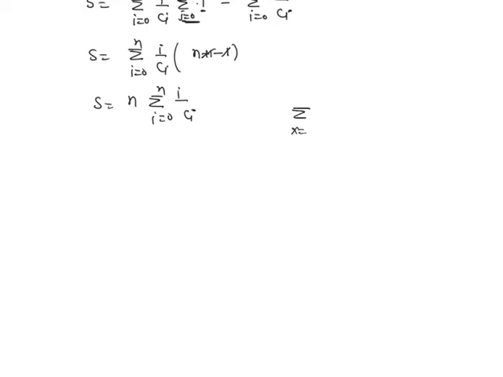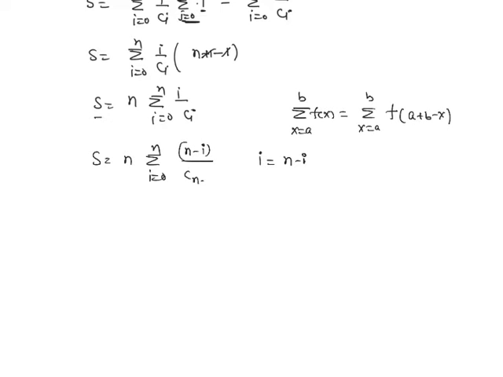Now we know the sigma property: sigma x equals a to b f(x) is also equal to sigma x equals a to b f of, instead of x we can write a plus b minus x. So the same property we will use here. So S equals n times sigma i equals 0 to n, here instead of i we can write n minus i. So this will become n minus i divided by nC(n minus i).